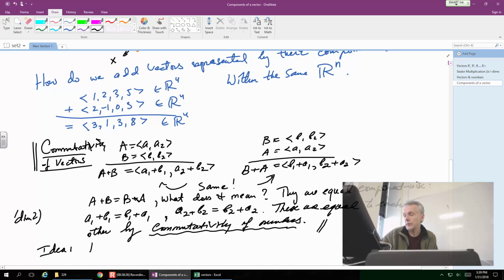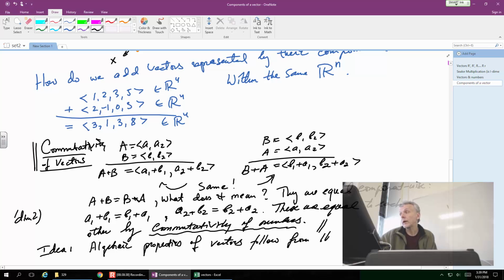Algebraic properties of vectors follow from the corresponding property of numbers.